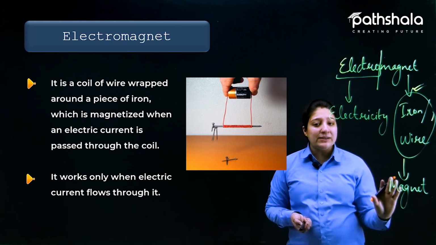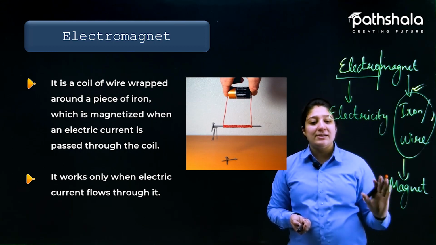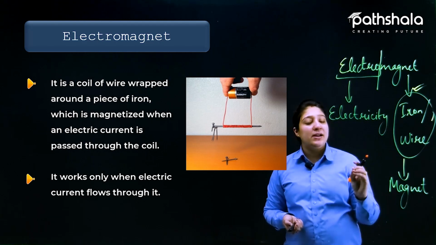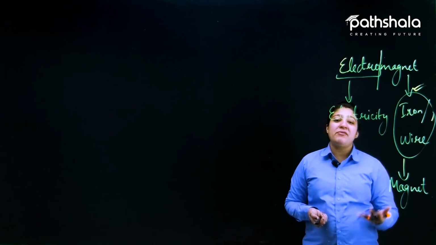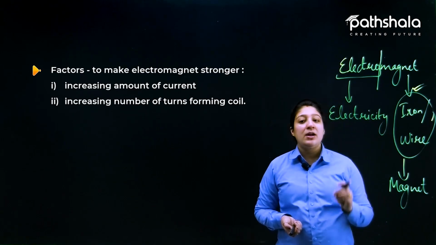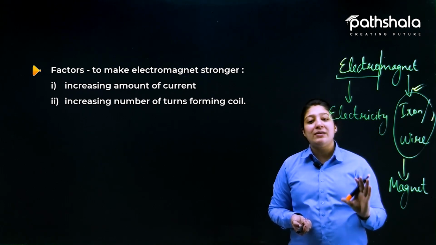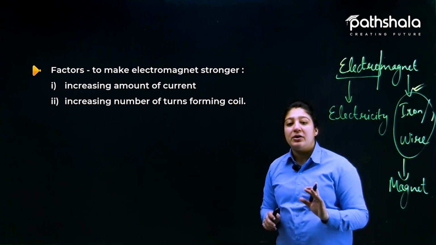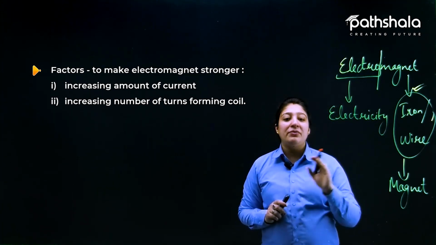That is how electricity gives us the magnetic effect. Now what are the different factors on which the electromagnet depends? First of all, if I want to make the electromagnet stronger, what I am going to do is increase the amount of current.